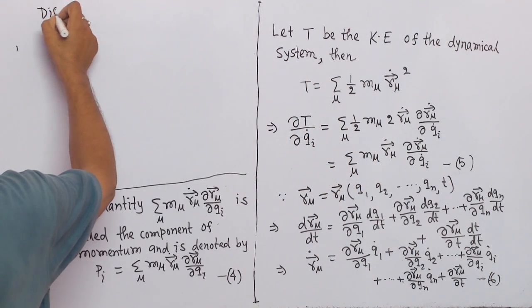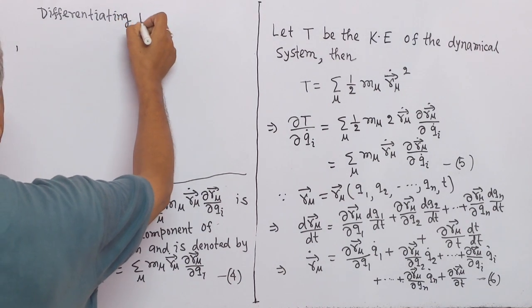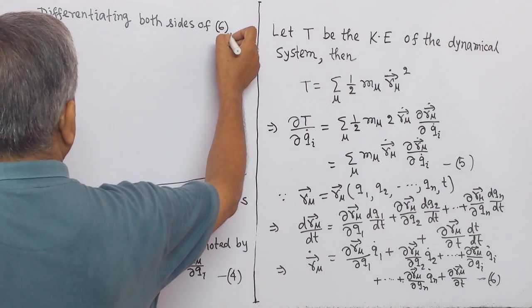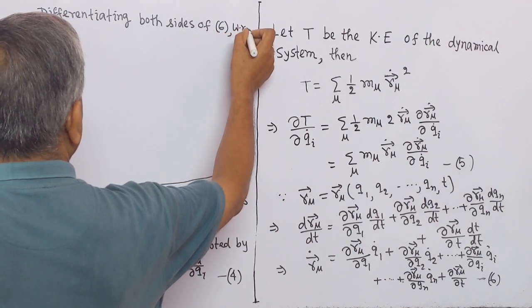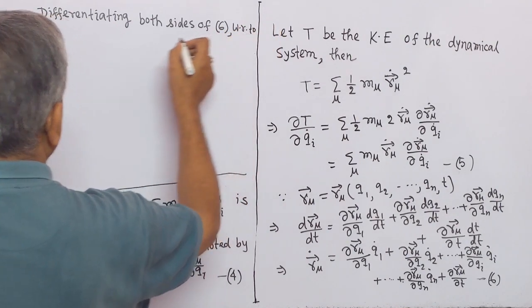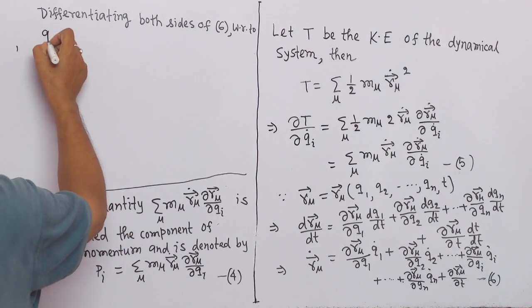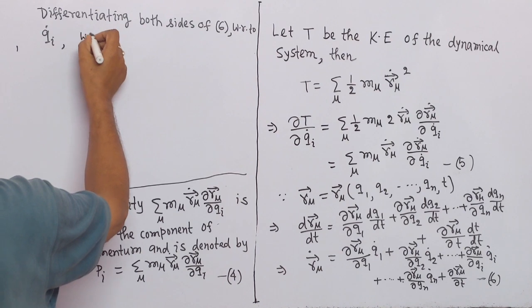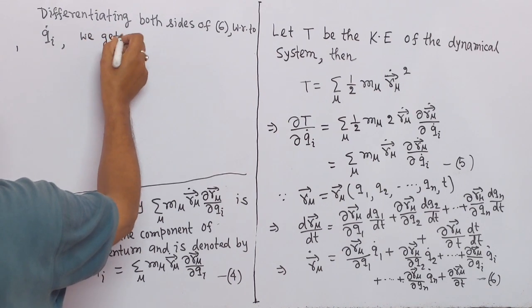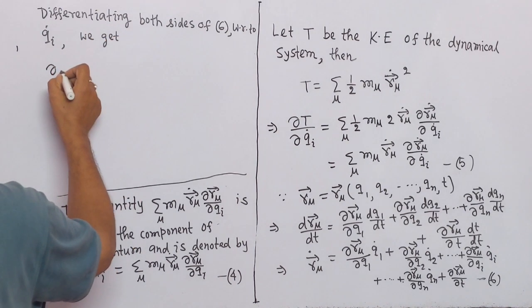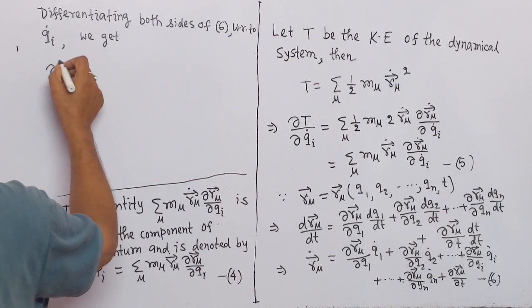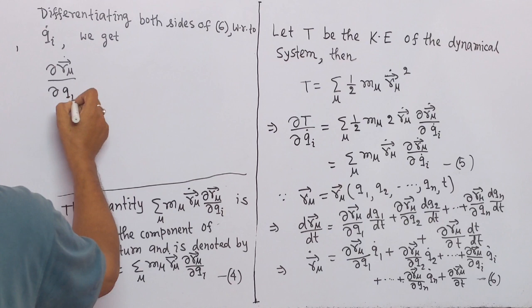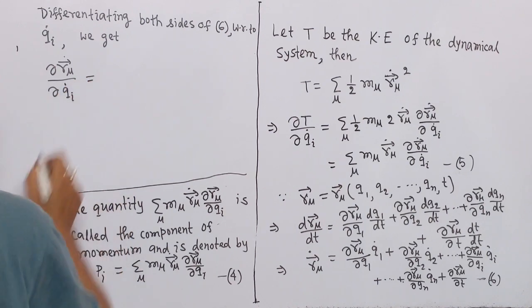Differentiating both sides of 6 with respect to qi dot, we get the partial derivative of r_mu dot vector by qi dot.